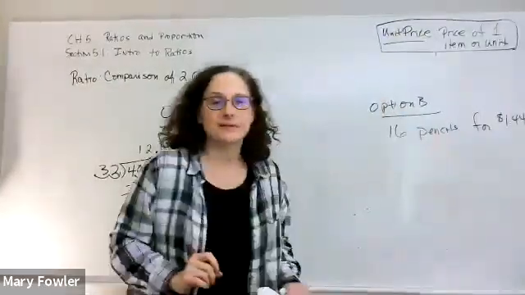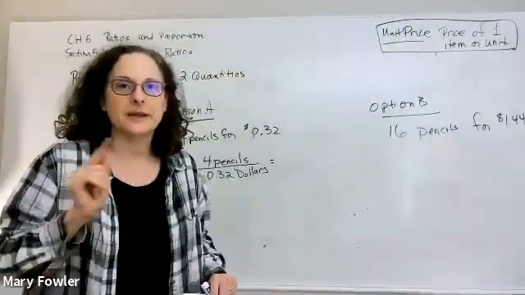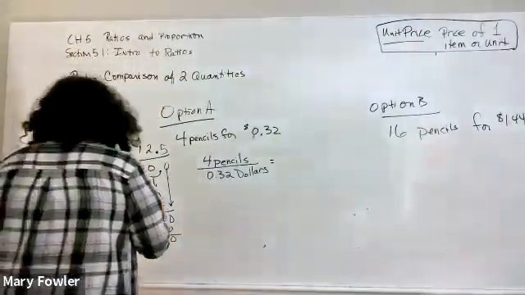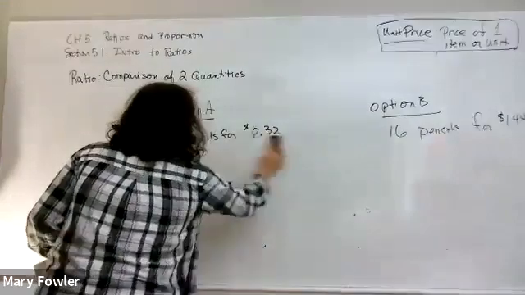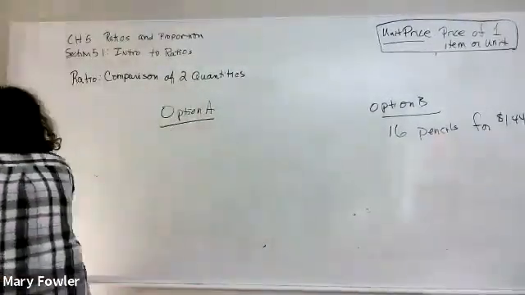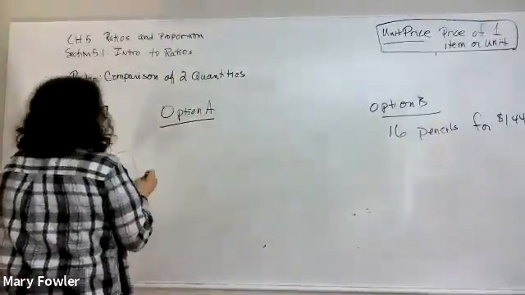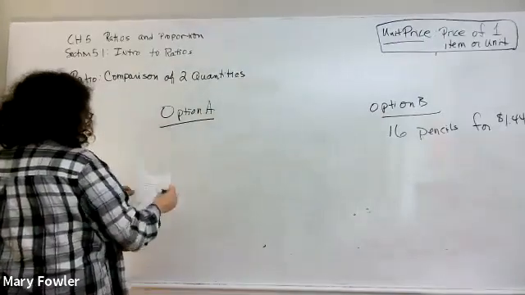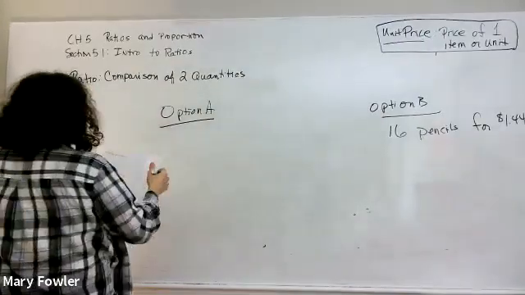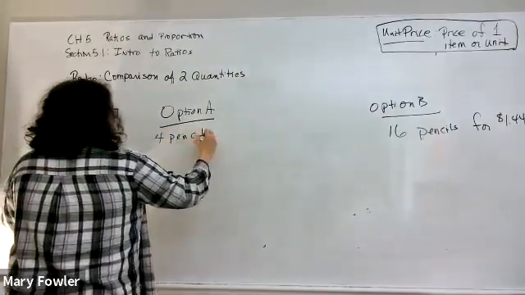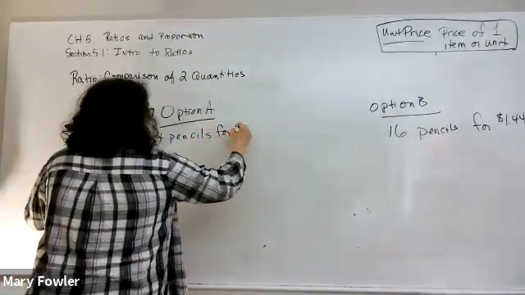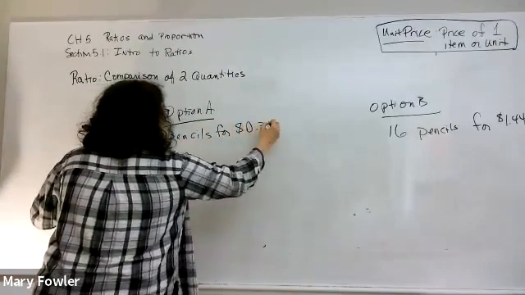So I just realized I wrote my ratio upside down. So let's go ahead and rewrite this ratio. Excuse me. Okay. So I just fell into the hole that I hope you do not fall into. Option A was 4 pencils for $0.32.